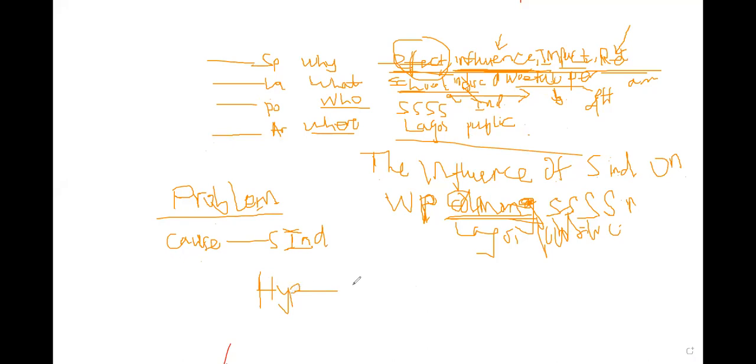The research hypothesis and the null hypothesis. Okay, the research or alternative hypothesis, and the null. Now, what does null mean? Okay, let's start with research. What does research hypothesis mean?